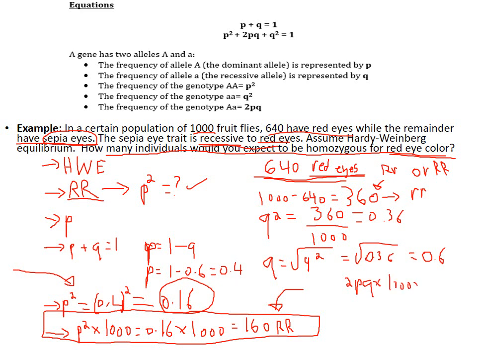And let's see if that comes out to what we predicted. P is 0.6 times Q is 0.4 times 2 times 1,000, and that gives us 480. So that's another way to figure out your number of heterozygous individuals, assuming you have Hardy-Weinberg equilibrium.